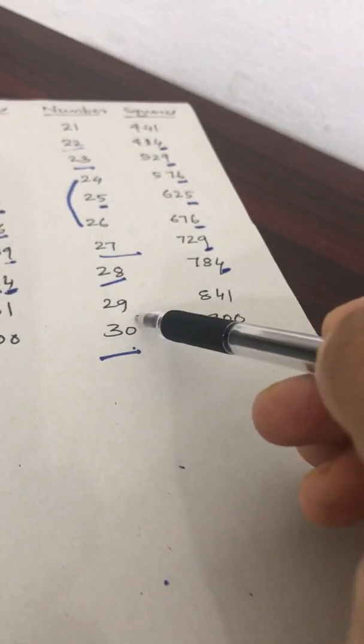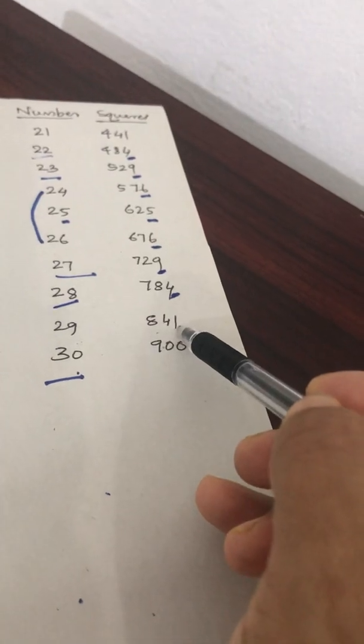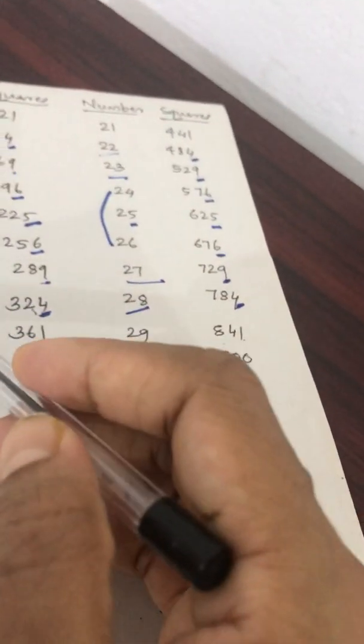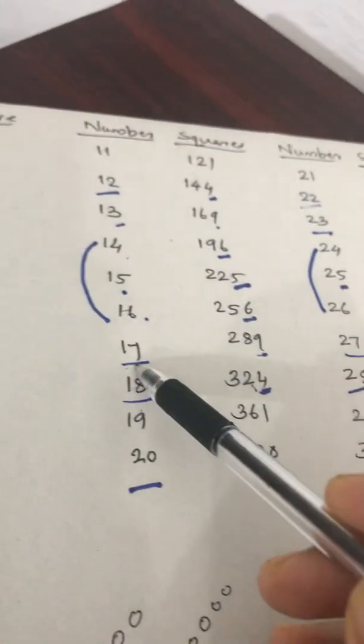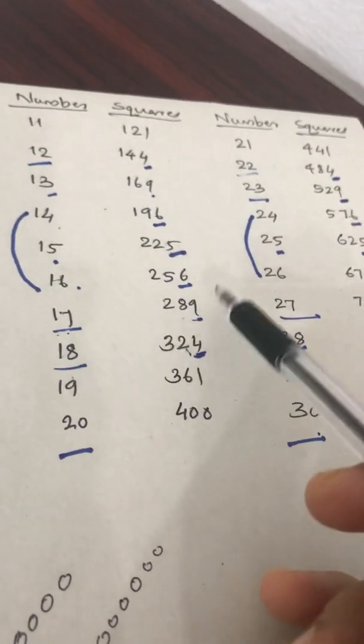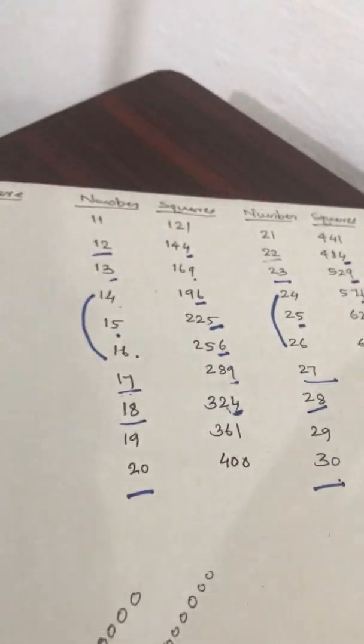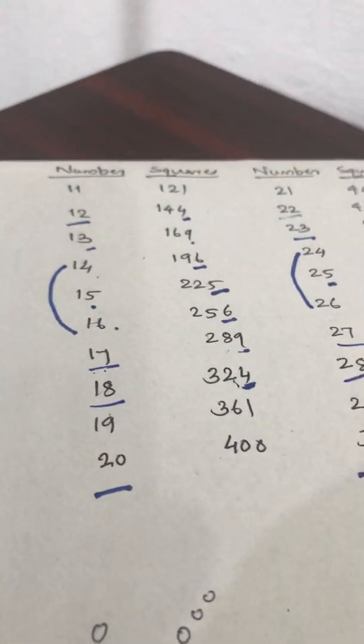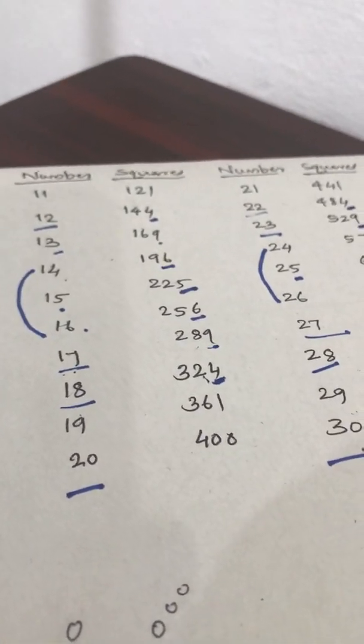Any odd number, we took 29. What is the square of 29? 841, that is also an odd number. Now 17. 17's square is 289, that is also odd.